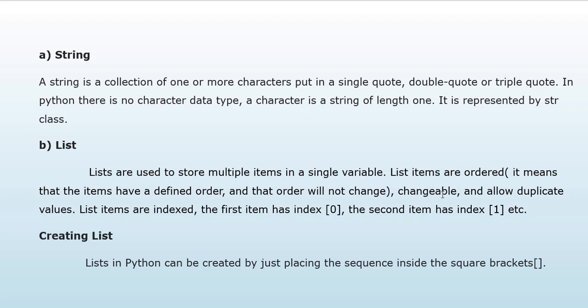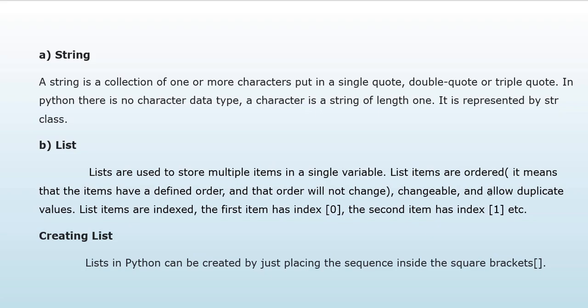If I want to change the elements or items, I can. This feature is called mutable. If I want to change, add, or delete, I can. That property is called mutable. And it allows duplicate values. Duplicate means if I want to give the same number 2 or 3 times or more, I can.